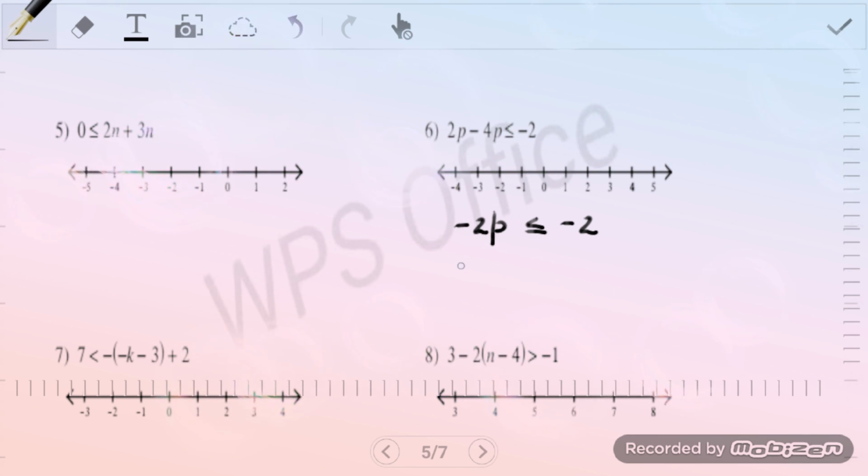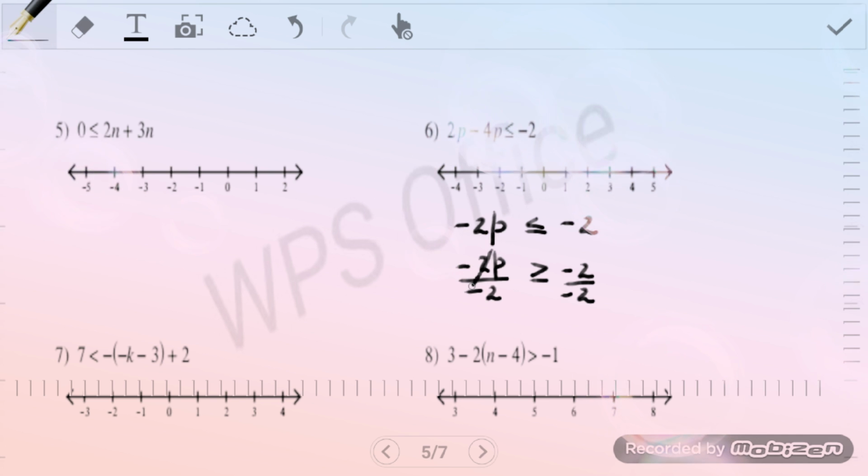Notice now that I'm going to have to be dividing both sides of the inequality by a negative coefficient. And so because I'm dividing by a negative coefficient, I'm going to have to reverse my sign. Failure to do that is that when you go on the number line, you're going to be indicating that your answer is going to be in the opposite direction.